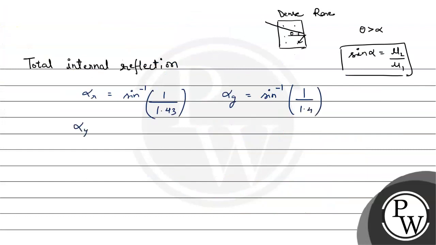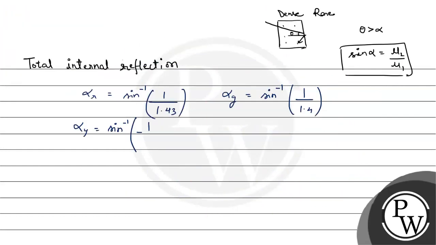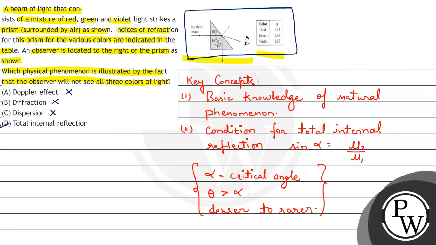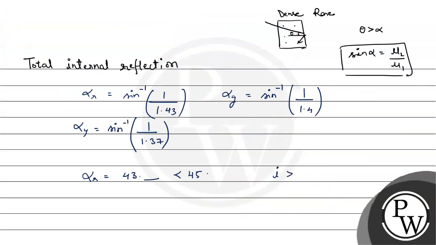Similarly, alpha violet is equal to sine inverse of 1 upon 1.37. From here, with further calculation, we get alpha r is equal to 43 point something, which is less than 45 degrees, because in this case the incident angle is given to us as 45 degrees. Here incident angle is greater than the critical angle, hence the red color internally reflects.